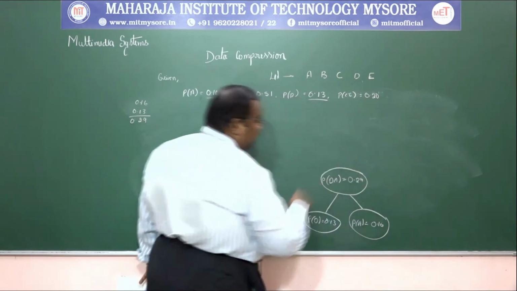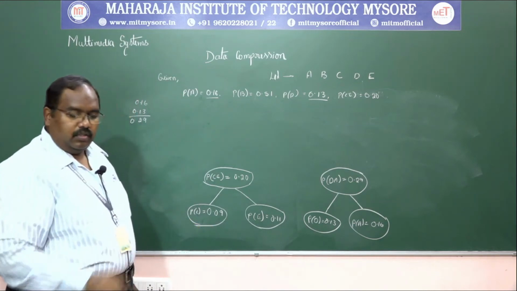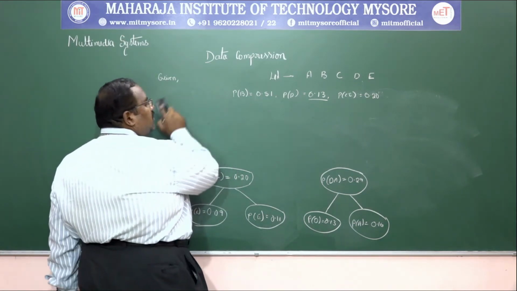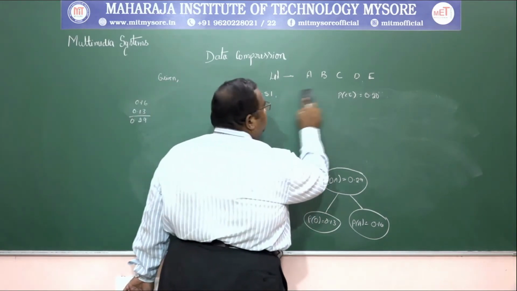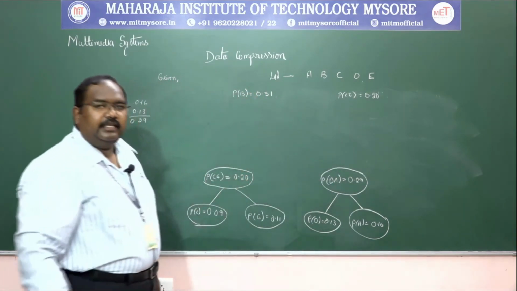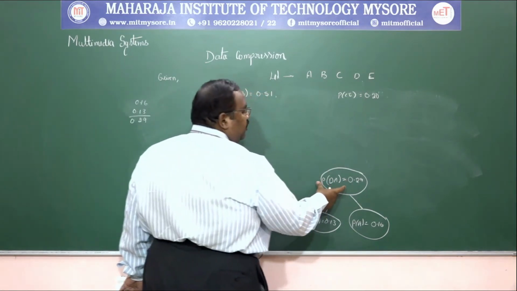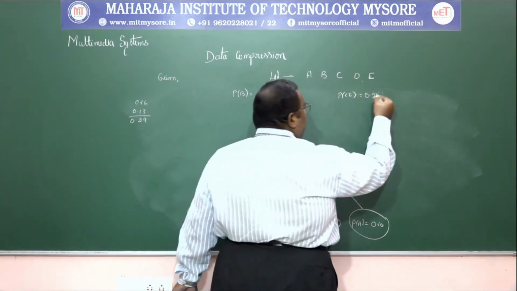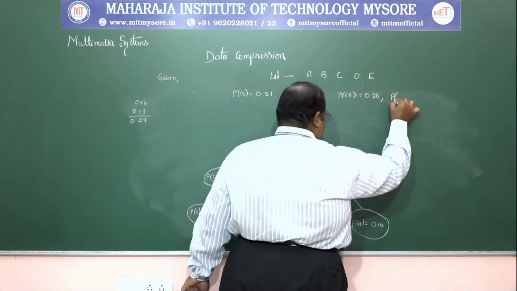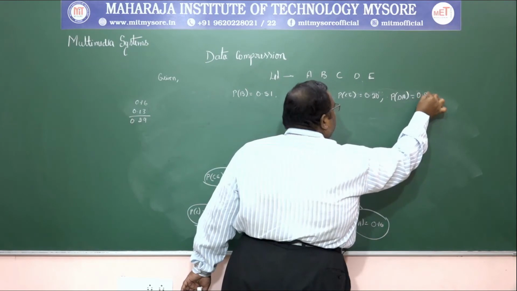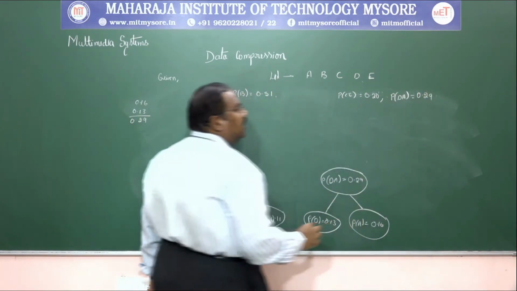So it's been created. Now we are supposed to eliminate the used nodes and insert the new node that has been generated. What is the new node that has been generated? I'll write here itself. Probability of DA is the new thing with the value 0.29.